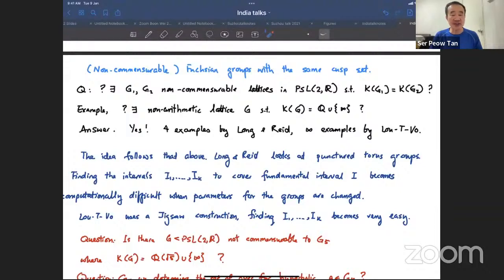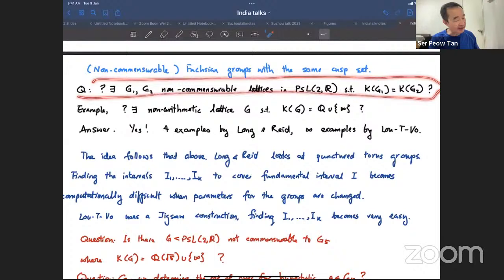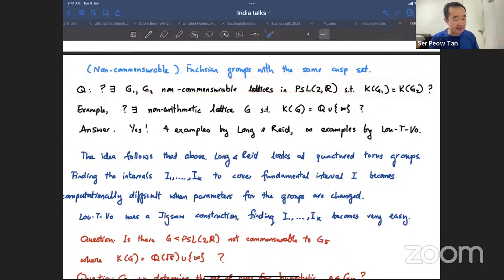But can I find something which is non-commensurable but with exactly the same cusp set? Another way to phrase the question: does there exist two non-commensurable lattices in PSL2R with the same cusp set? For example, is there a non-arithmetic lattice G such that the cusp set is equal to Q union infinity? So the answer, rather surprisingly, was yes.